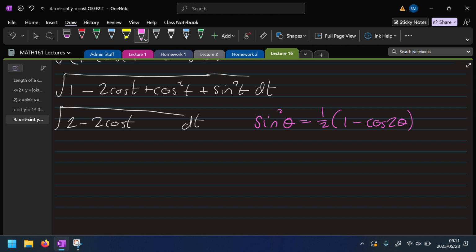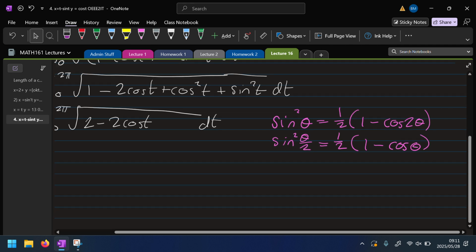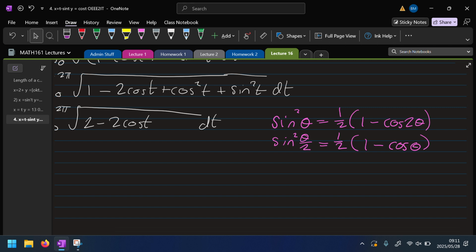Now, if we replace theta with theta over 2, we're going to end up with sine squared theta over 2 is 1/2 1 minus cos theta. Okay, we end up with that. Now, for our problem, we've got 2 minus 2 cos t. On the right-hand side, we got a half.